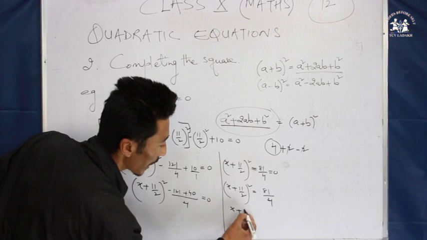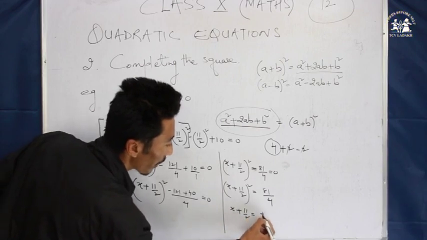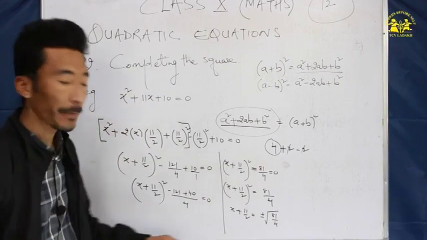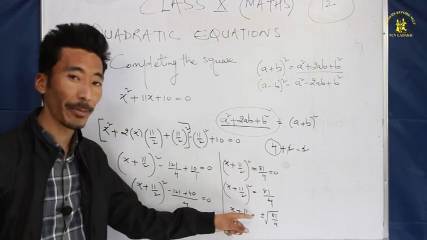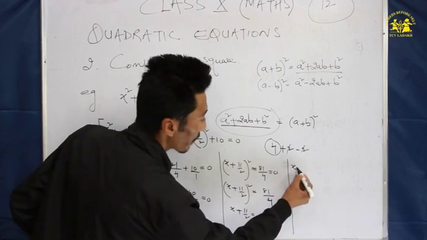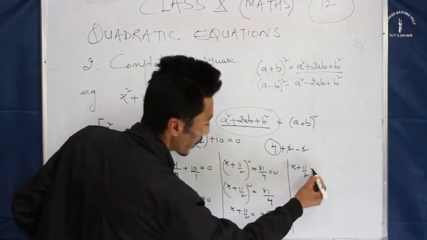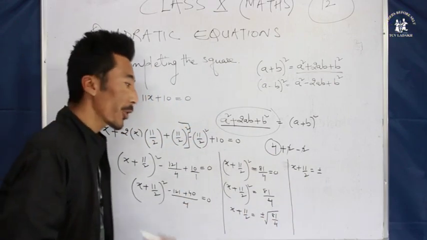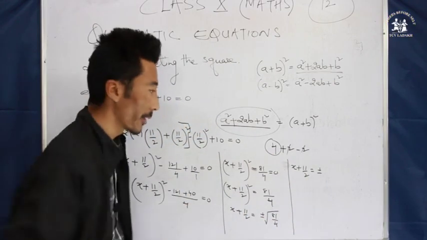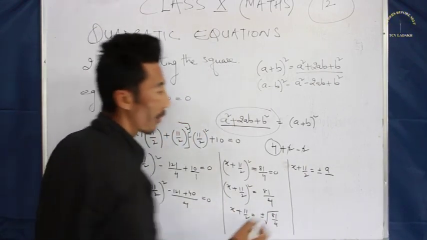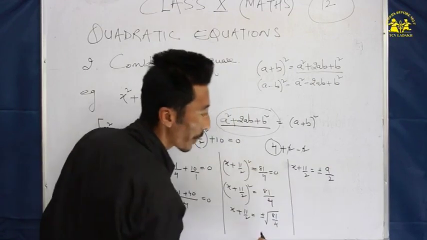So x plus 11 by 2 equals plus and minus root 81 by 4. So x plus 11 by 2 equals plus and minus root 81 by root 4. 81 is 9 squared, so root 81 becomes 9, and 2 twos are 4, so root 4 becomes 2.